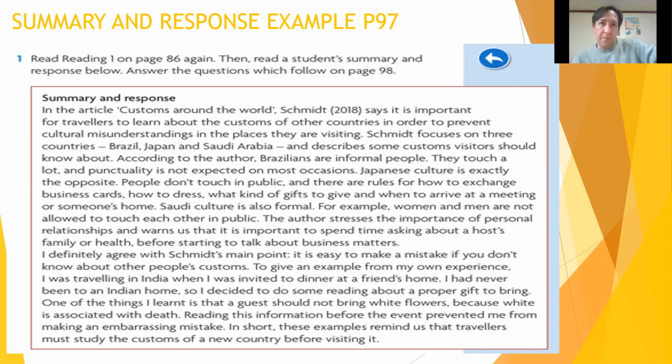According to the author, Brazilians are informal people. They touch a lot and punctuality is not expected on most occasions. Japanese culture is exactly the opposite. People don't touch in public, and there are rules for how to exchange business cards, how to dress, what kind of gifts to give, and when to arrive at a meeting or someone's home.